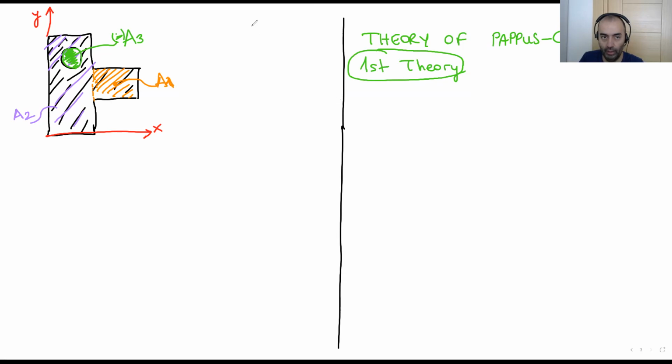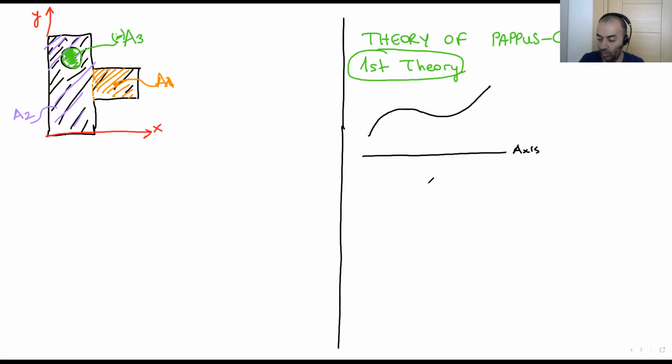So let me draw the sketch here. If I have a wire like this, so this is the axis. I'd like to rotate this wire around this axis by any angle. I don't know the angle.